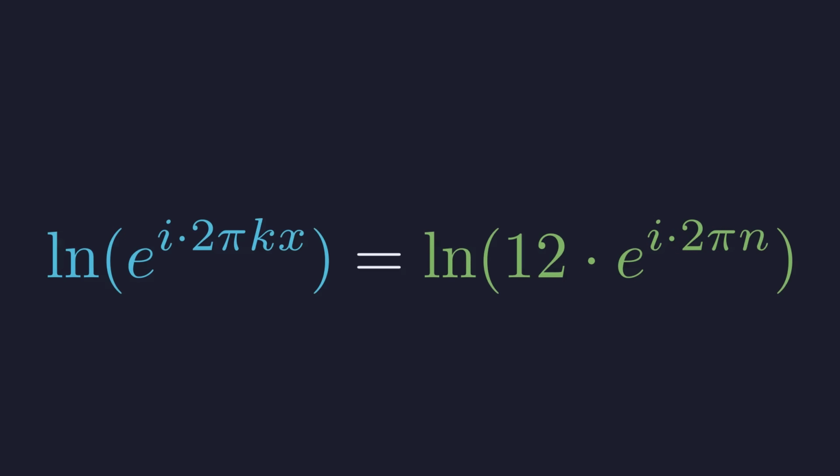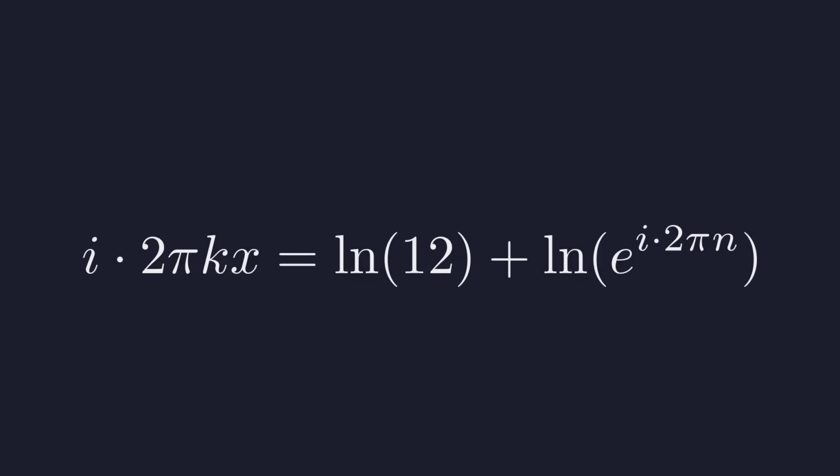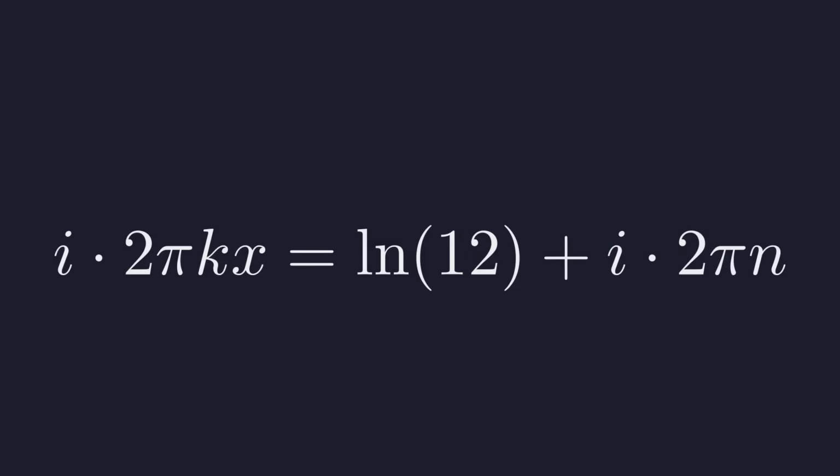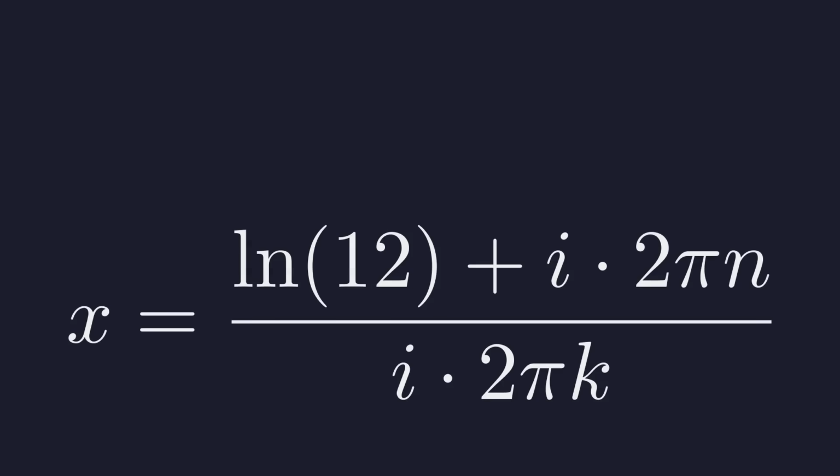On the right, we use that logarithm property where the log of a product is the sum of the logs. This breaks the right side into two much more manageable terms. And again, the logarithm and exponential cancel each other out. Now we're left with a much simpler linear equation for x. Finally, to get x by itself, we just divide both sides by the coefficient of x. And this gives us the complete, though not yet simplified, solution for x.